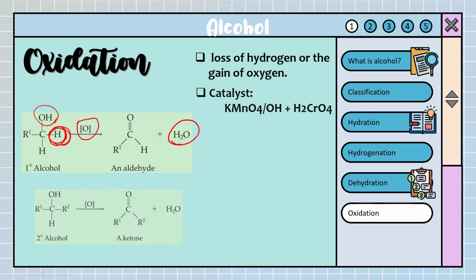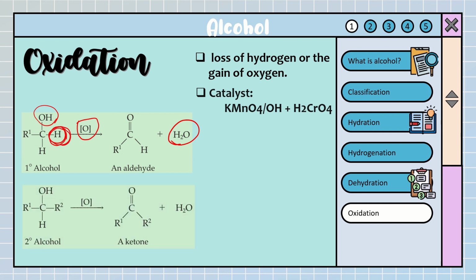But if, for example, we have here a secondary alcohol, we lose hydrogen to make a water while gaining oxygen. As you can see here, if we have this secondary alcohol, we will have a ketone as our product plus a water.